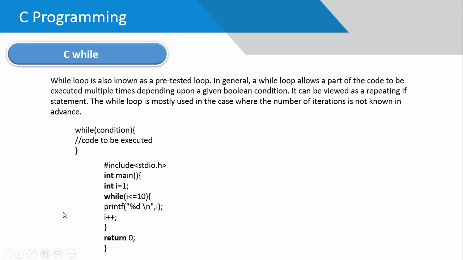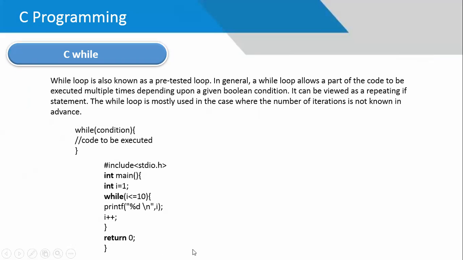The while loop is mostly used where the number of iterations is not known in advance. So if you don't know how many times the repetition will happen, in those cases we use the while loop.